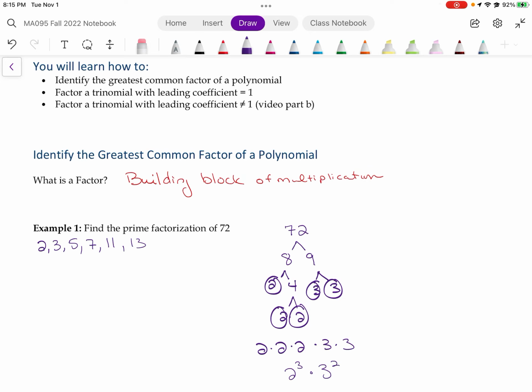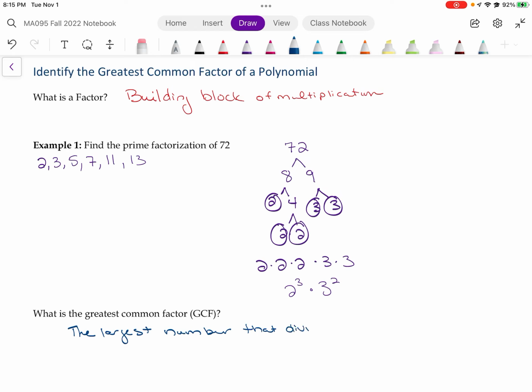All right, so what is a greatest common factor? The greatest common factor is the largest number that divides evenly, that is the key, divides evenly into two other numbers, or maybe 3 or 4.